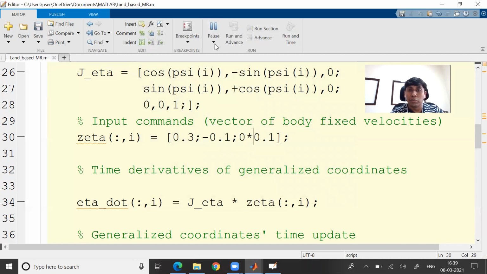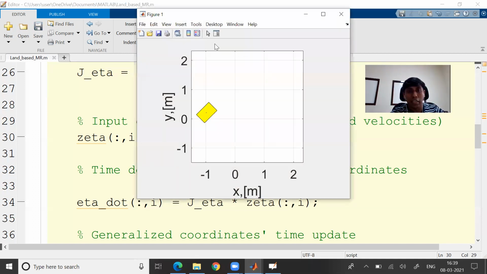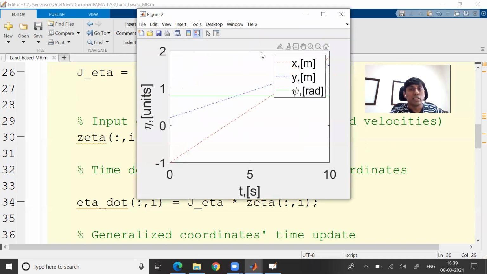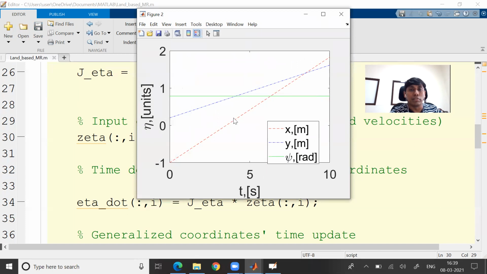You can see that the vehicle would be going diagonally down, but still there is a forward velocity and there is a 45-degree line. Earlier it was going like this, but now it is coming down, because the resultant is still in the forward direction. That is what you can feel.